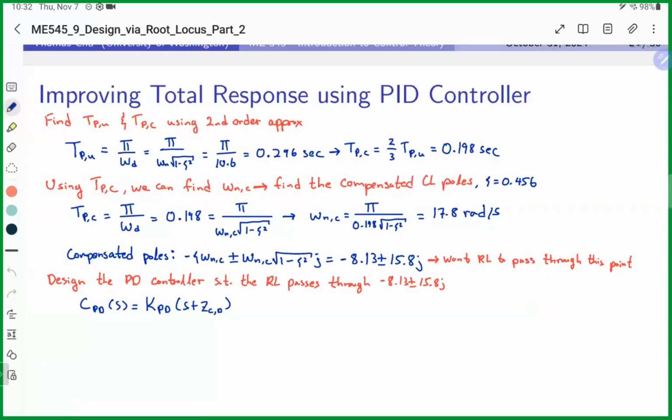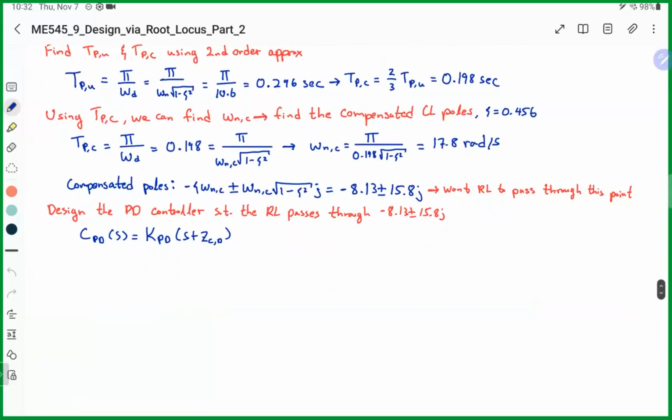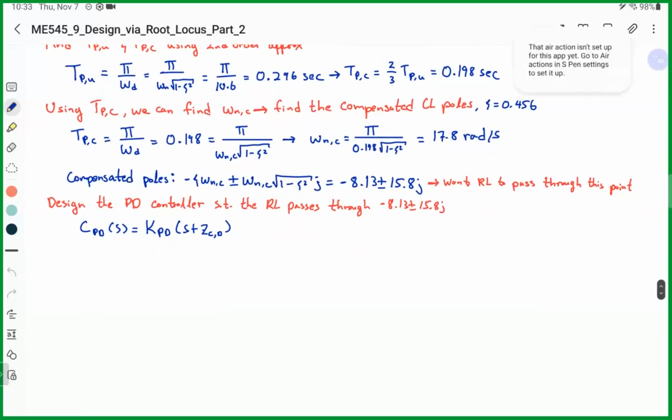And then we can determine the location of the compensated closed loop poles, and we got a pole location of -8 plus or minus 15.8j. Now, we haven't started the PD controller design, but we have the desired closed loop poles, so we just need to move the root locus such that it passes through that point, and we achieve that using a PD controller. So that's what we did yesterday.